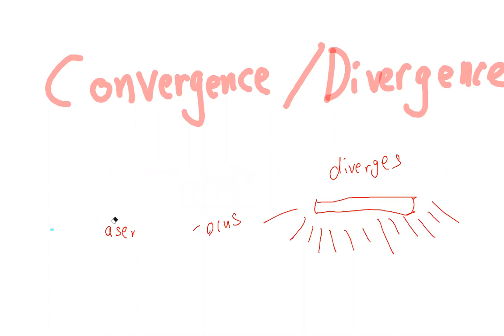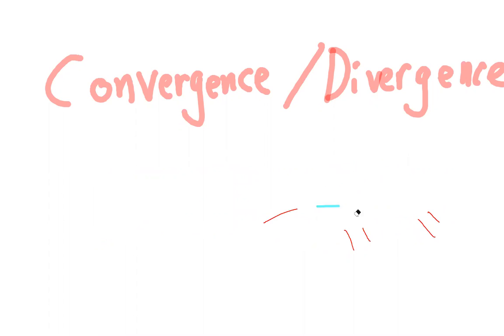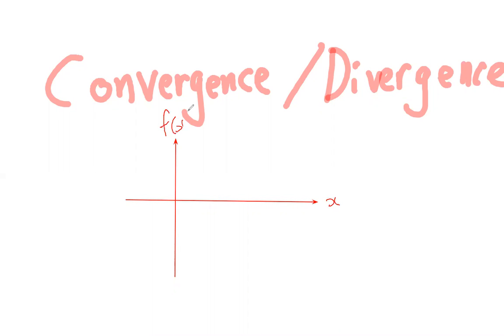It's the same concept when we have numbers. When does a function converge and when does it diverge? Let's say we have a function, where this is x and this is f(x). When x increases toward infinity, starting from 0, we have multiple points.